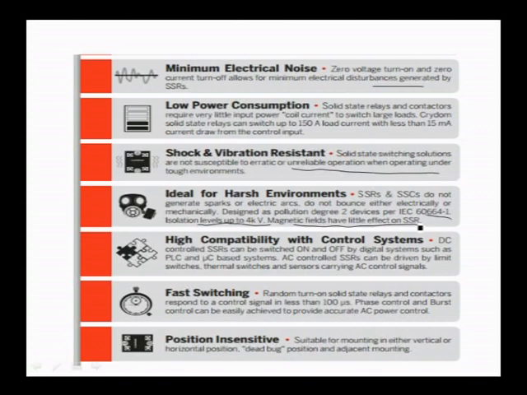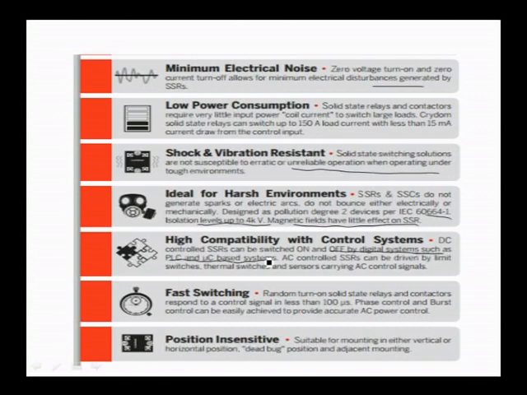For the examination, I already told you the advantages, so just list them or write their names, that is all. They are highly compatible with control systems. The circuit can be switched on and off by digital systems such as a PLC. You will know about PLCs, programmable logic controllers, in the next semester, and also microcontroller based systems.